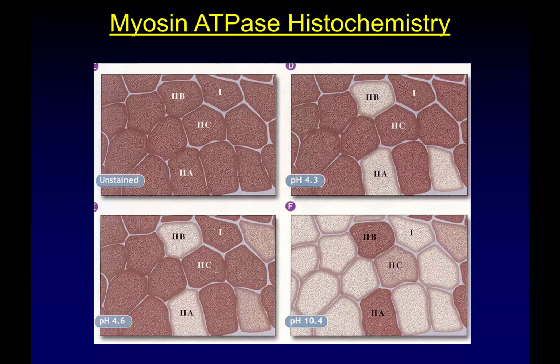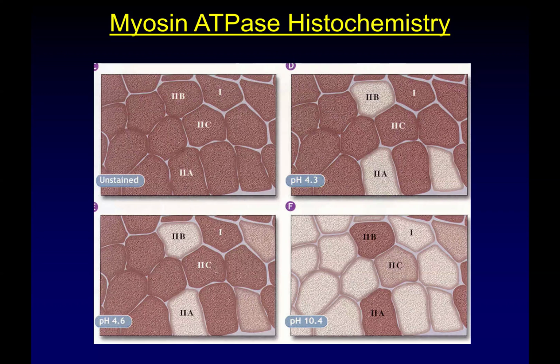You stain for the myosin ATPase and incubate it in an acidic environment, a pH of 4.3. I have unfortunately done this before, and it basically turns those type 2 fibers white; they don't stain. Then you can see down here, same kind of thing.